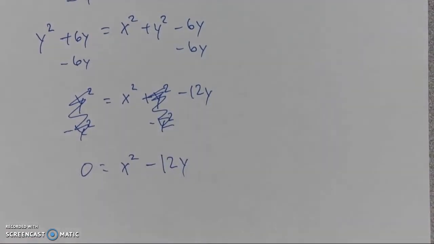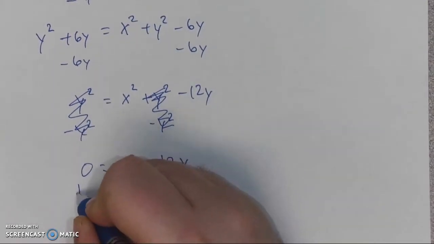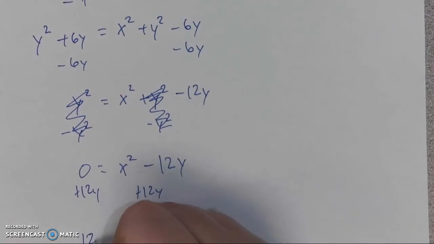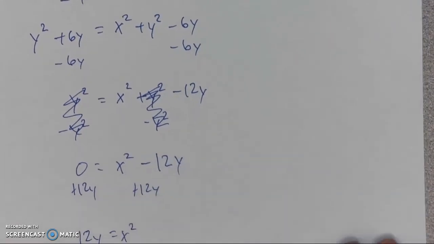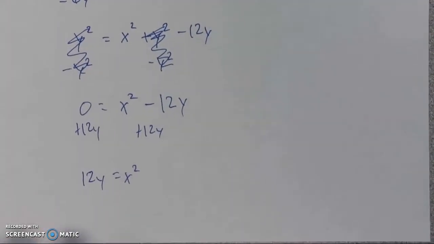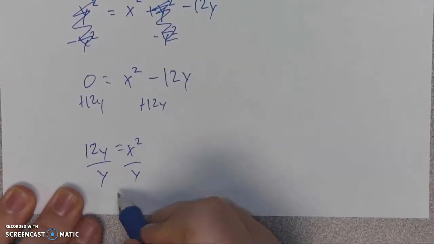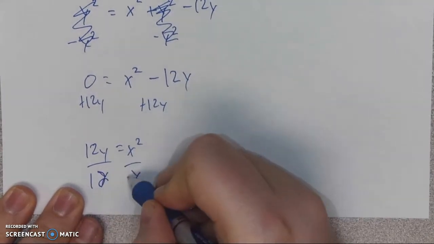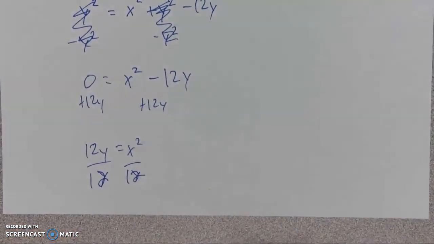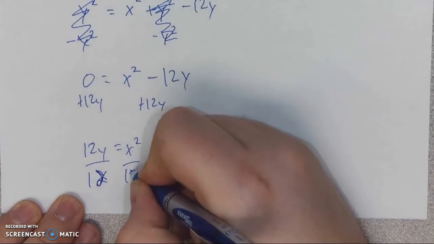There's one of two ways you could go about finishing solving this. Let's just add 12y to both sides. This gives me 12y equals x squared. Last thing you would do is divide both sides by 12, sorry.